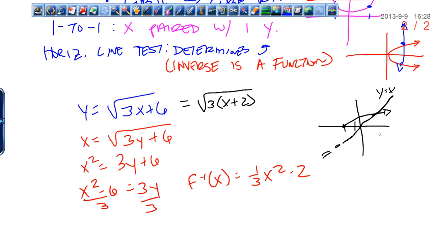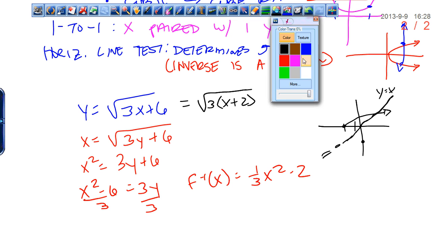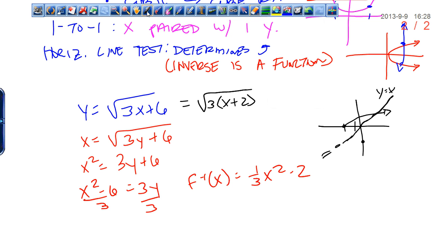So my other one should look something like this. If I were to do this in a different color, that'd probably be easier to tell. So that would go there and then go there. We can see that this part and this one are symmetrical.